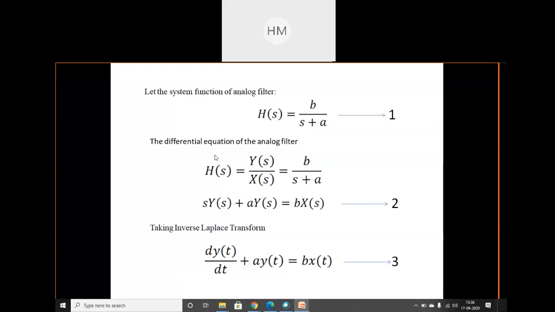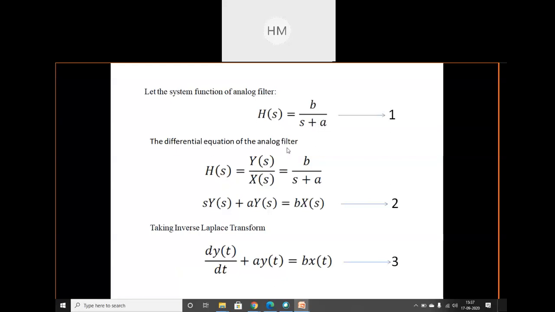So write down, let the system function of the analog filter be H of s is equal to b upon s plus a. So the pole lies at s is equal to minus a.